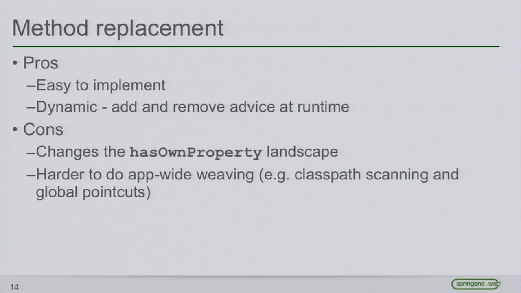And that kind of thing is more difficult to do with an approach like method replacement. And in JavaScript in general, it's harder to do because we don't really have a class path. We don't have metadata about our code that's been compiled down to bytecode. We don't have a lot of type information. So that kind of thing is harder in general. But we'll see how we can deal with that a little bit later.